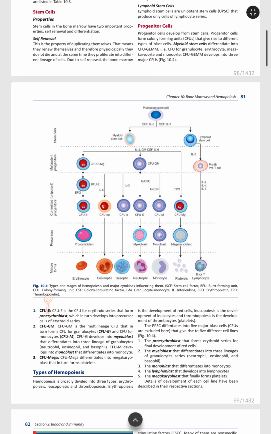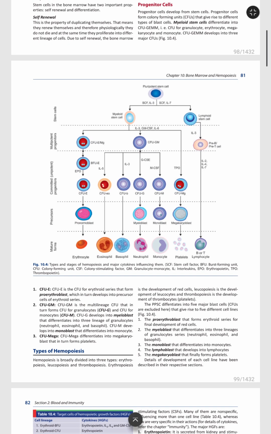If someone asks you what the precursor of neutrophil is, you say myeloblast. Myeloblast is the precursor of neutrophil and monoblast is the precursor of monocyte.